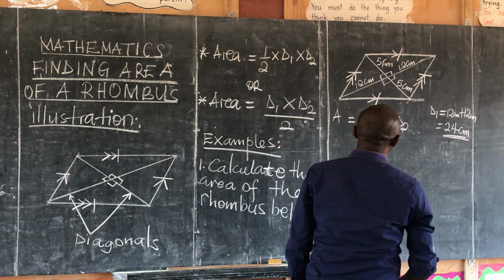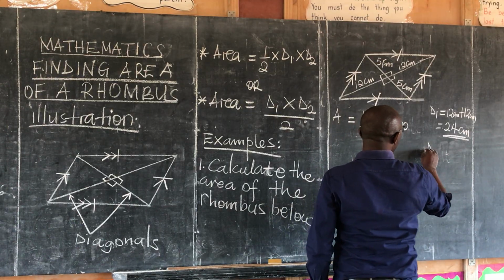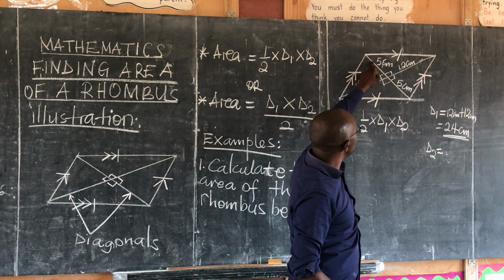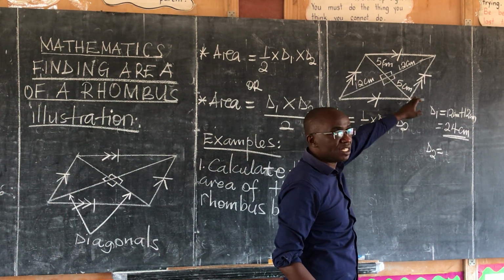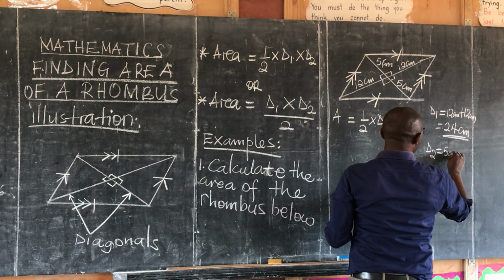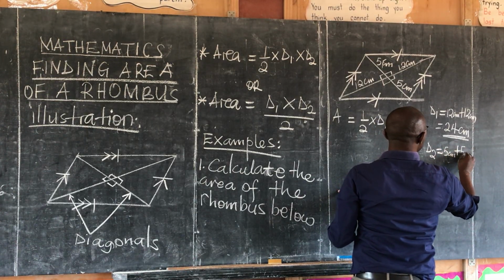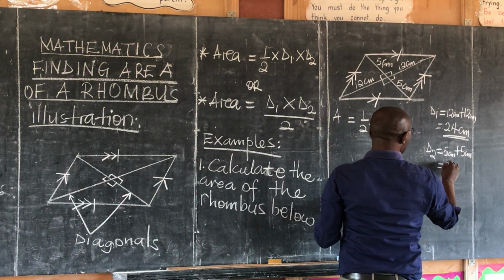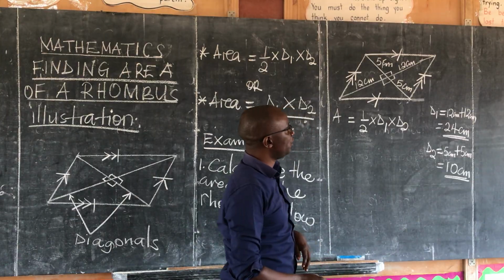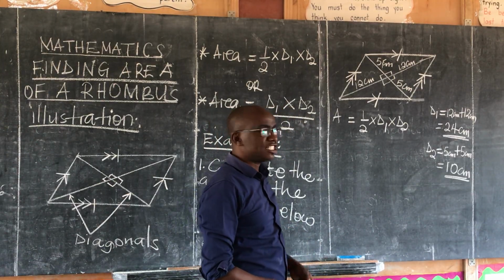Now, how about diagonal 2? You need to find the length of diagonal 2 as well. Diagonal 2 is 5 centimeters plus 5 centimeters, which is equal to 10 centimeters.